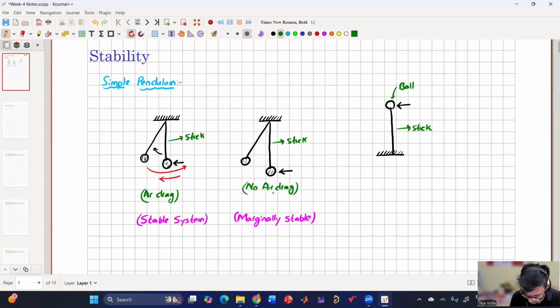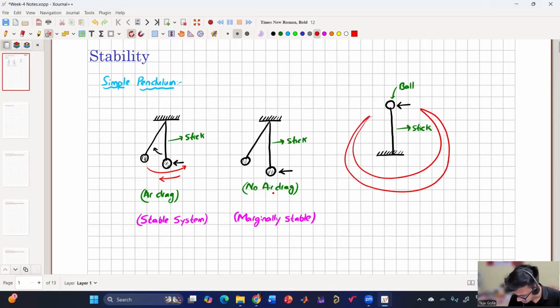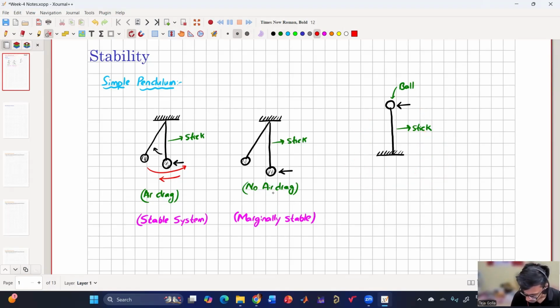It will keep on oscillating, right? It will keep on oscillating like this, like this, like this. And in the presence of air drag, what happens? It will finally settle at this position. So the oscillations will die out, but it is not coming to the initial position.